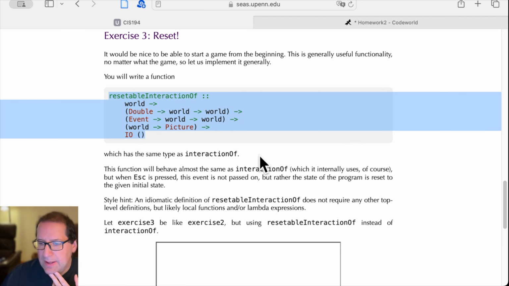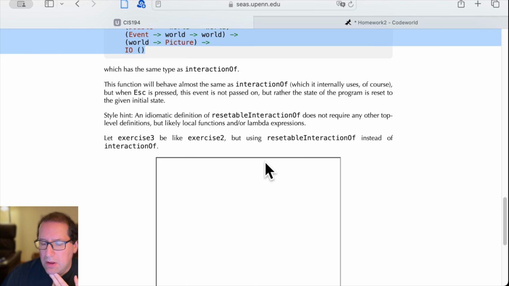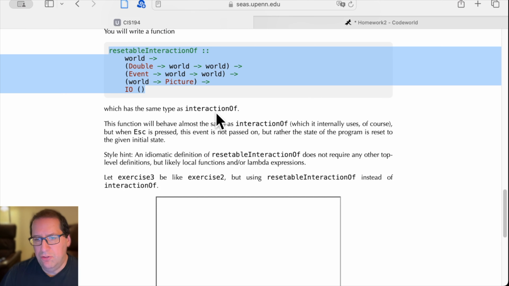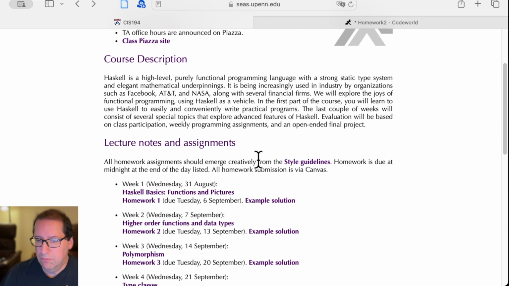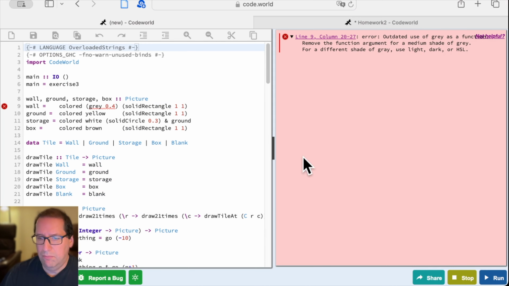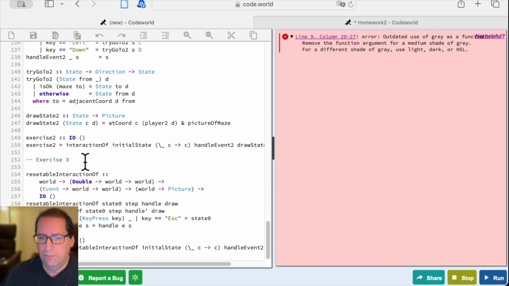Why does he want that? Let's look at the sample solution and see if we can understand why it's important that this be a top-level definition. So all it's doing is defining, remember every time we see interaction of, replace it in your mind with activity of, right?